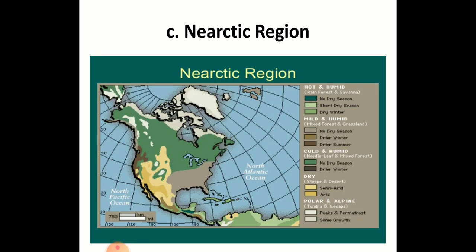The Nearctic region. When you see the Nearctic region, you should know it comes in North America. What are the regions? When you see the map, you can make out the weather condition. There are dry seasons, dry winters, and dry summers also. Along with that, you have thick snow-covered regions also.